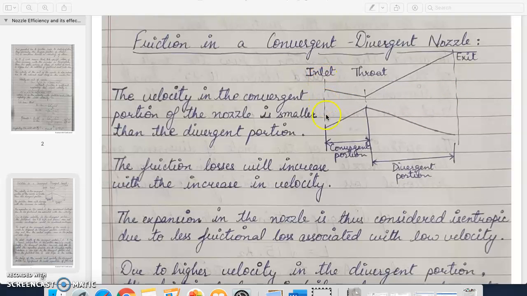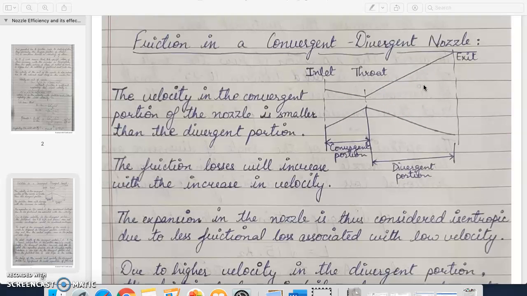In a convergent divergent nozzle, the velocity is subsonic in the convergent portion, becomes sonic at the throat, and towards the exit it becomes supersonic. So the velocity keeps on increasing from inlet to exit, but in the convergent portion the velocity is smaller as compared to the divergent one.